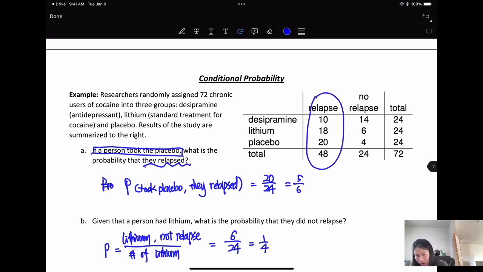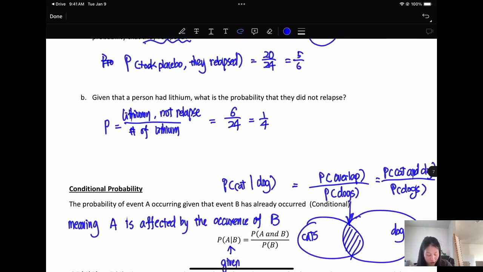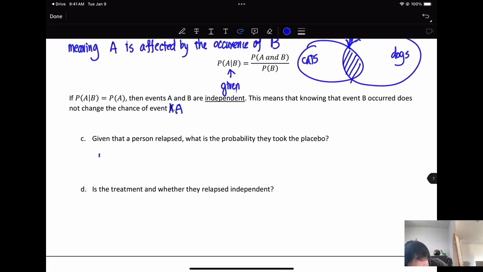Out of this first column, the people who took placebo is 20. The given is relapse. We want to know the probability of people who took placebo given that they relapsed.